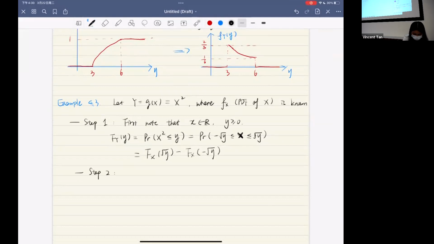Step 2, that is doing the differentiation of the CDF. Just plugging this thing to here.